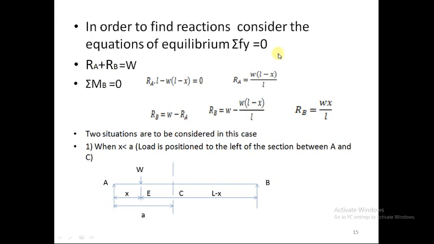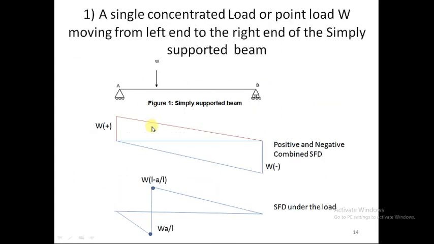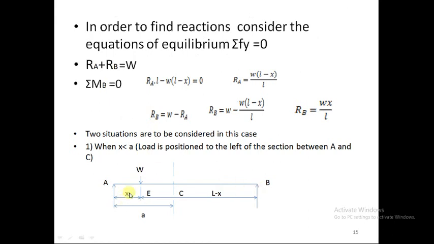In order to find the reactions, first we will take the equilibrium equations. First of all, we take summation of forces in the y direction to find RA and RB. We know that RA plus RB will be equal to W. Now to find the reaction RA, we take moment about B. Taking moment about B, we have RA into L minus W into (L minus X) equal to 0.